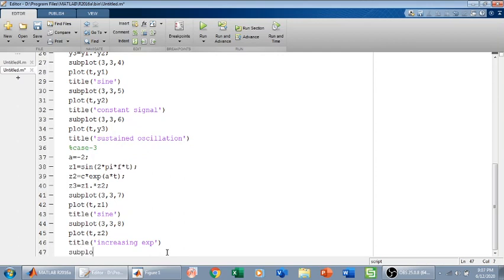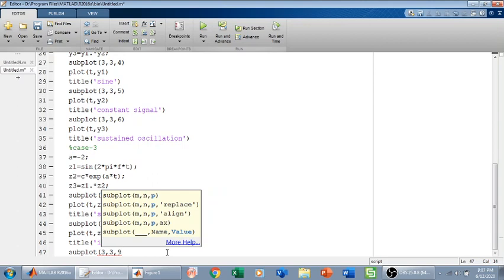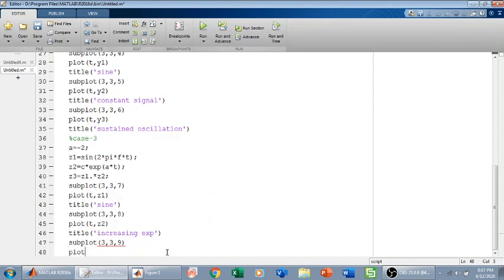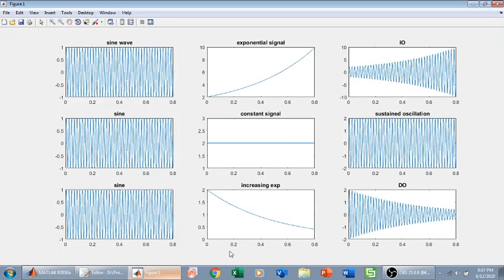And finally the ninth and final position, 3 cross 3, I am going to plot z3 in it, and I will give it the title decreasing oscillation, or simply DO. DO means decreasing oscillation. So now I will run it. Hopefully I will get all the 9 parts.